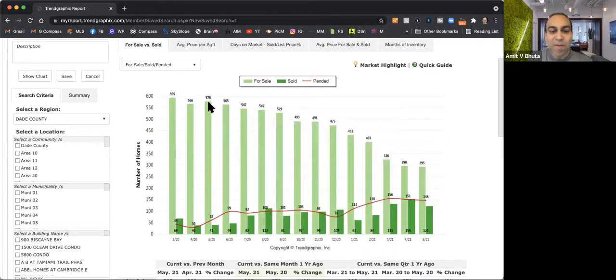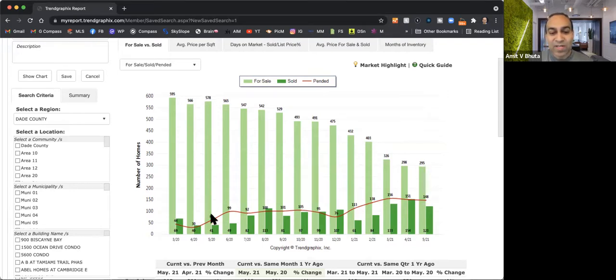So in May of last year, combined properties for sale, single family homes, townhomes, and condos, and villas. Villas are also, basically they're like townhomes and they're single story. So we had 578 properties for sale in May of last year, and we have 295 for sale May of this year.